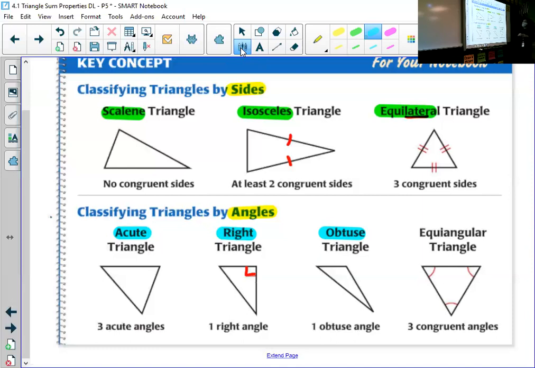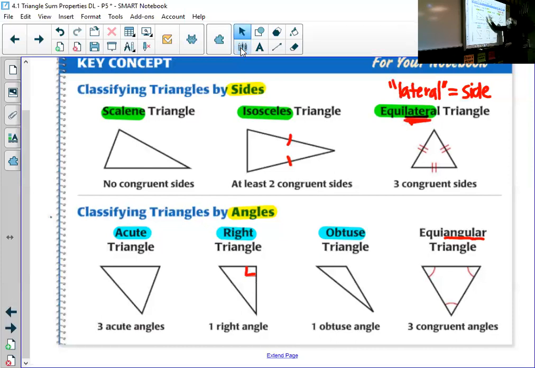And then equiangular. So some people get confused between the equilateral. Lateral means sides. Angular means angles.